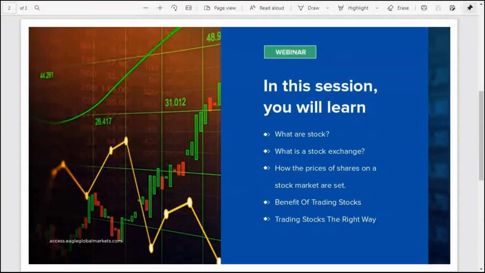Nigerian stocks are actually very shaky. I'm not talking about the Nigerian stocks at all.